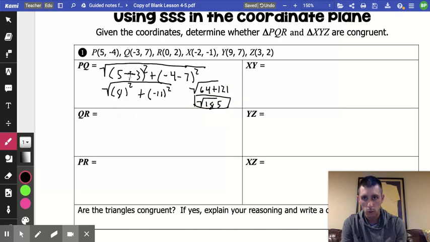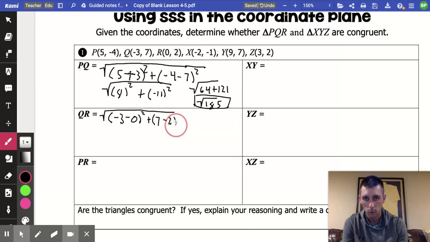Now let's do QR. Same thing. Square root, the x of Q, so negative 3 minus the x of R, which is 0, squared, plus the y of Q, 7 minus the y of R, 2 squared.